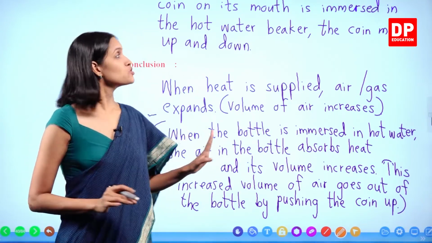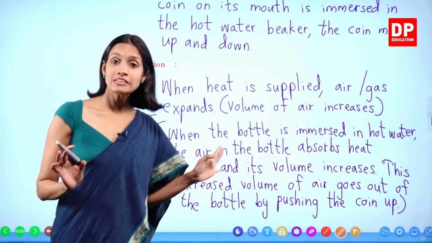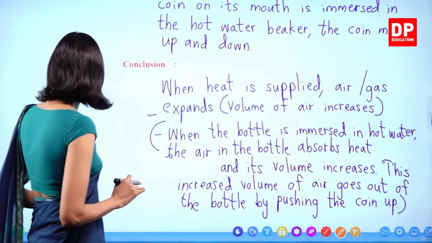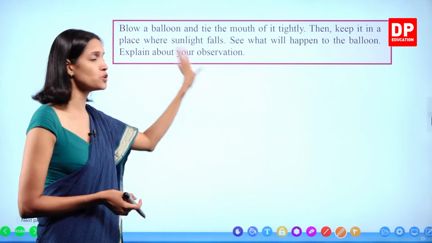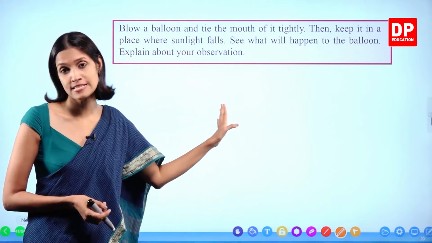Okay, children? So I hope you understood this part clearly. We'll move on to the next. Look at this. It's a kind of question. Blow a balloon and tie the mouth of it tightly. Then keep it in a place where sunlight falls. See what will happen to the balloon. Explain your observation. Now, this activity you all can do at home very easily.